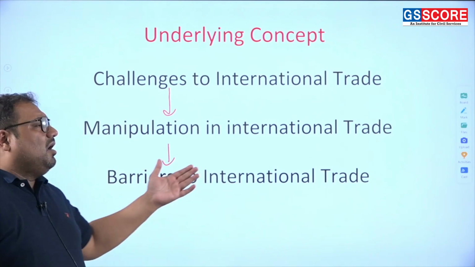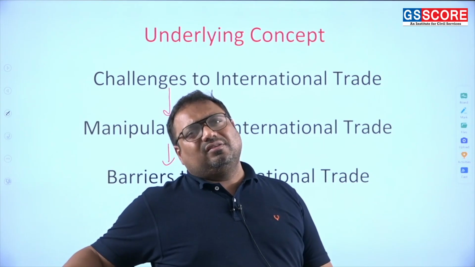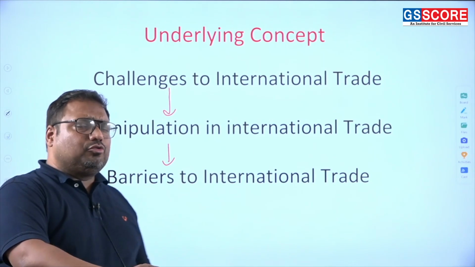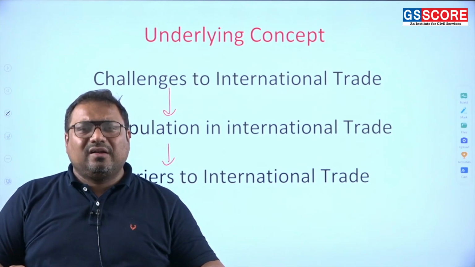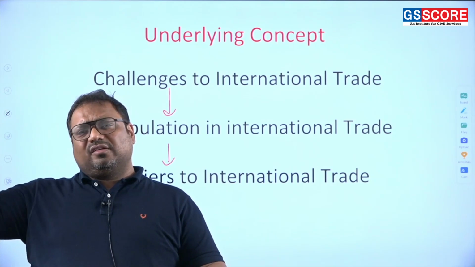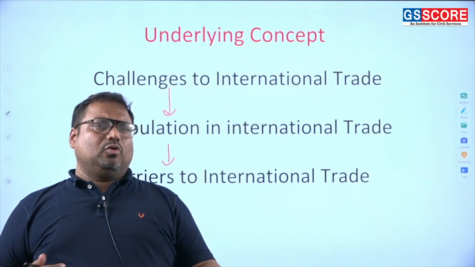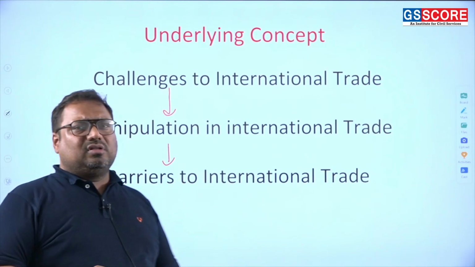And then, the ways in which other countries can protect themselves are protectionism or barriers to trade. That is a proper topic where you study tariff barriers and non-tariff barriers, for example anti-dumping duties and import duties. There are various WTO agreements under which you can have quantitative restrictions. So all of that you have to study here. That is the broader theme.